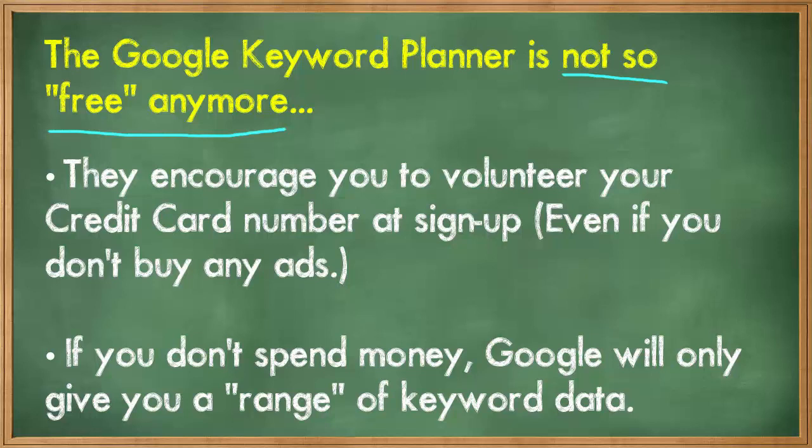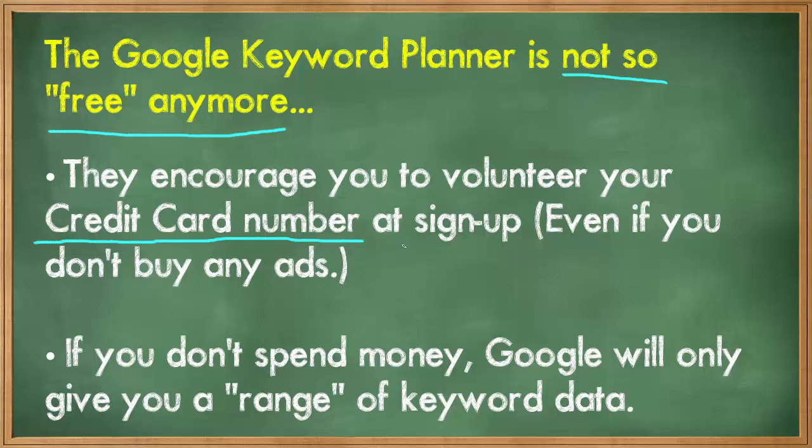Well, like I mentioned, they make the sign-up process a little bit tricky, and they really want you to enter your credit card number during the sign-up process. So even if you don't want to purchase any ads, it's a little bit tricky to get through the process without entering your credit card number. But as we'll see in a minute, it's actually quite easy to do if you know what to click.